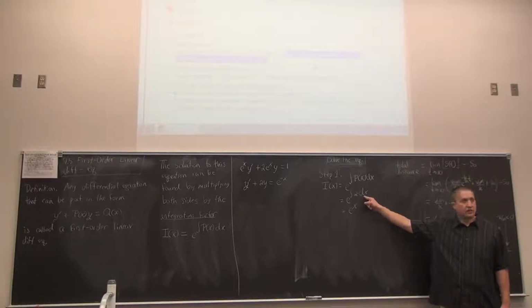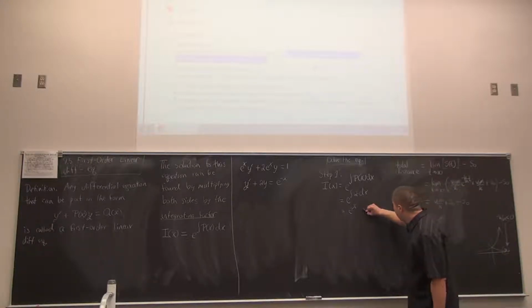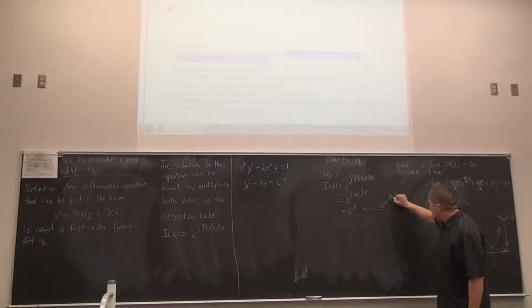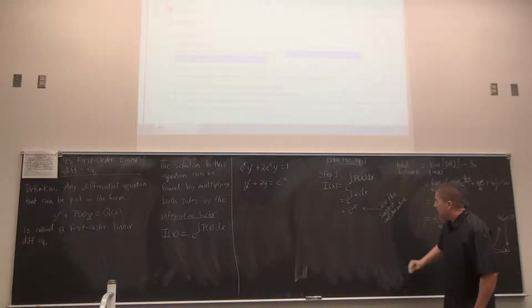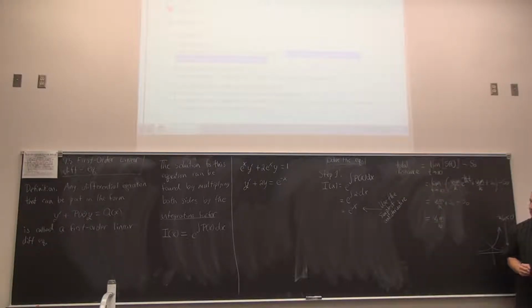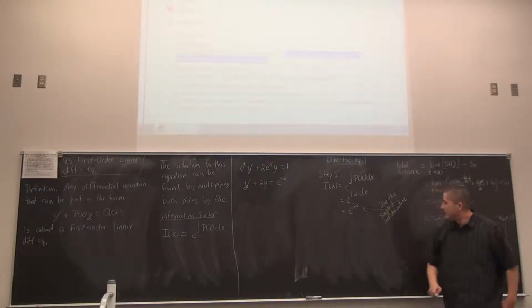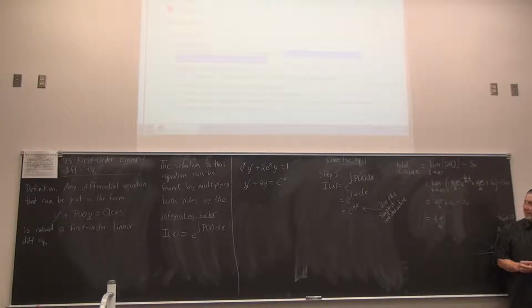So when we're finding the integrating factor, we use the simplest antiderivative. That e to the 2x is essentially the key to the whole problem. If we multiply both sides by e to the 2x, we'll be able to solve this problem. Any questions on this step so far?